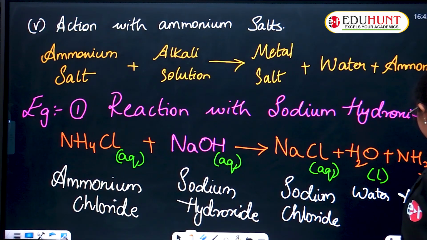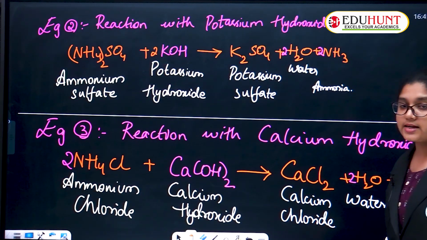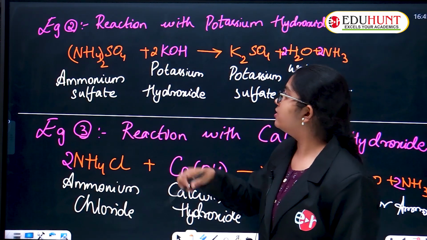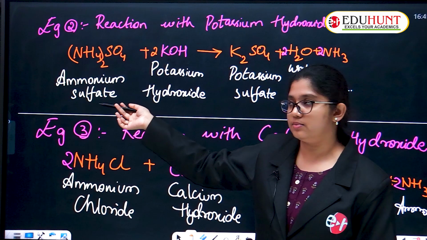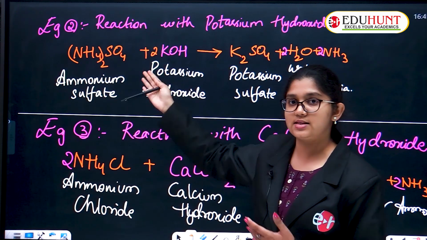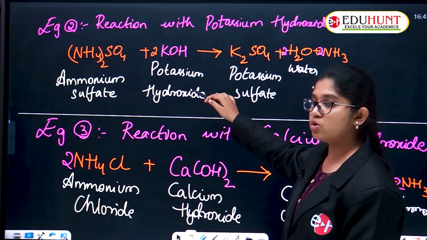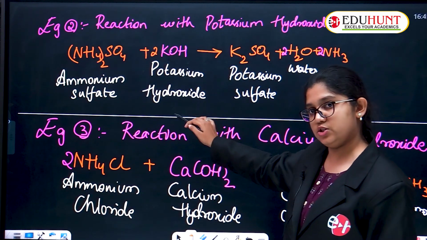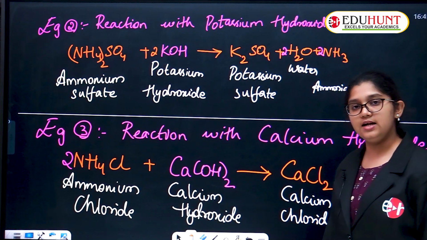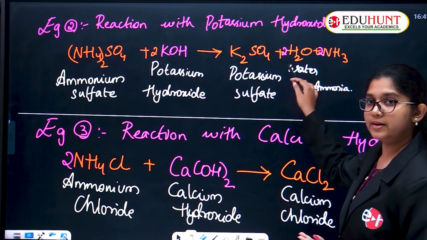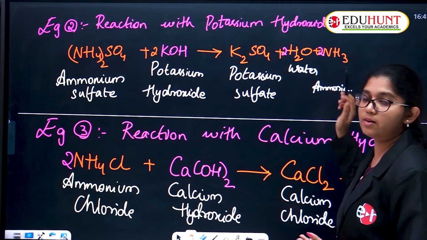In the second example, reaction with potassium hydroxide, KOH, we take a different ammonium salt, ammonium sulfate, (NH4)2SO4. To this we add 2 molecules of KOH, potassium hydroxide. We get a metal salt named potassium sulfate, K2SO4, plus water molecule and ammonia as well.